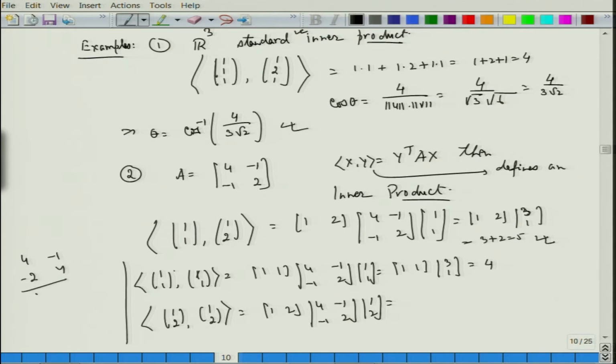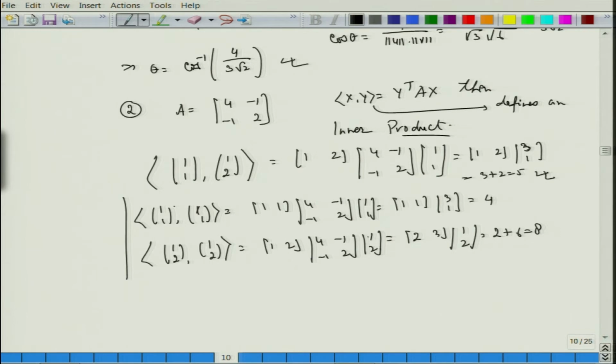So this gives me 2 and 3. So this is 2 3 with 1 2, so it is 2 plus 6, which is 8. Please check, because I must have done a mistake. So 4 minus 2 is 2, and minus 1 plus 4 is 3. I hope it is correct.